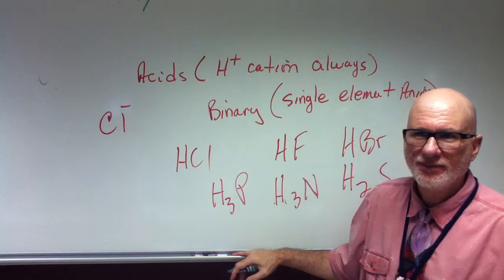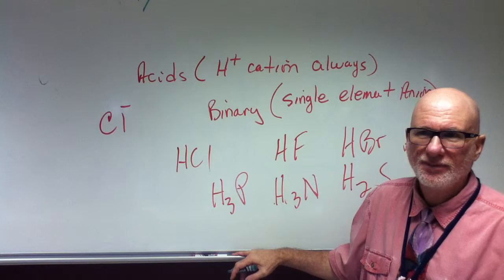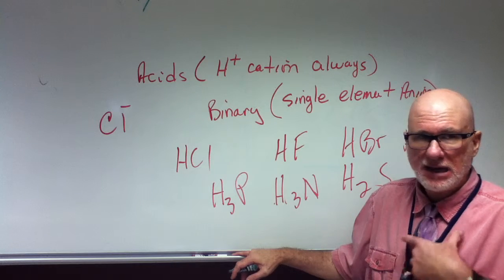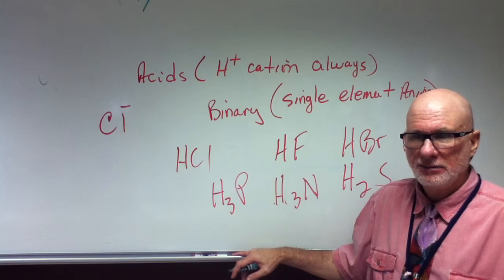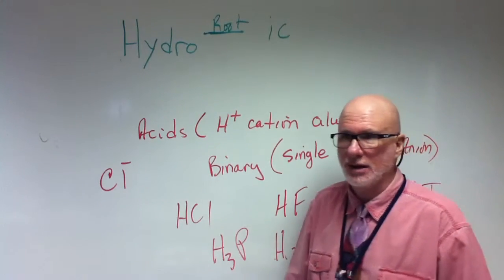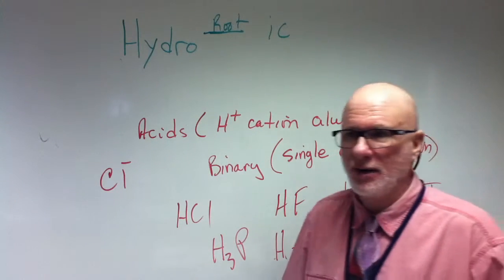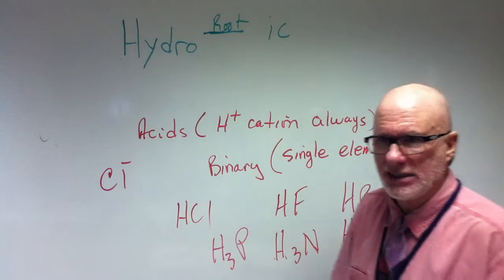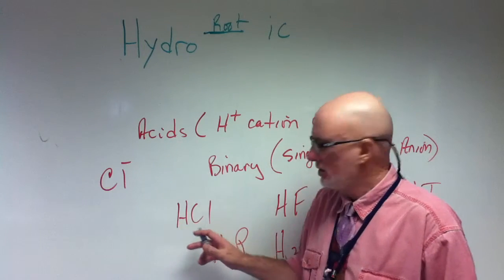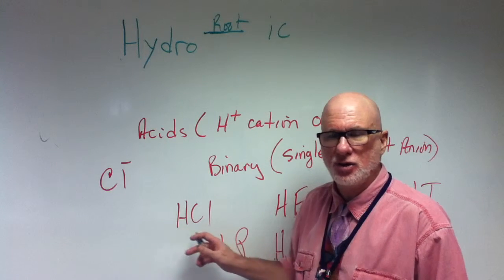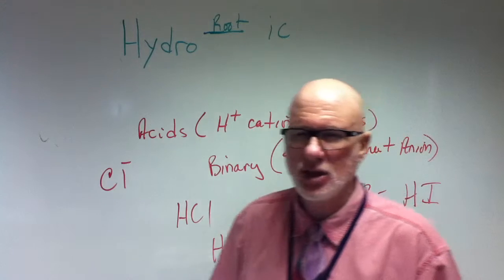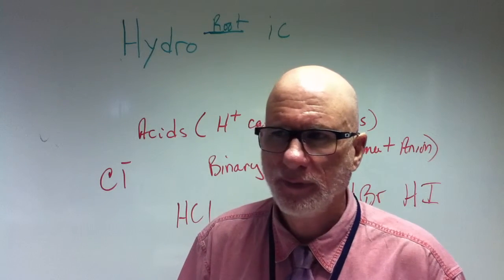Which one's the most dangerous one? Hydrochloric acid, of the binary acids. My least favorite one to be around would probably be hydrochloric. I wouldn't go anywhere near any of the acids, but the halogen binary acids you can buy in the store. If you do concrete work, you use this. It's called muriatic acid. That's the old classical name for it.